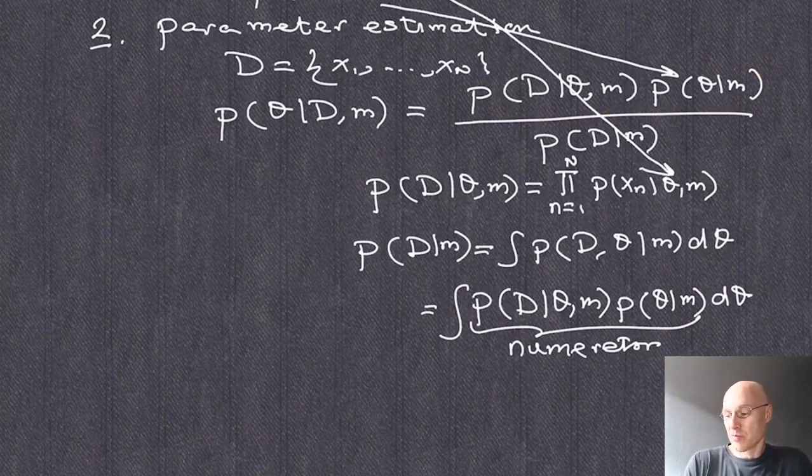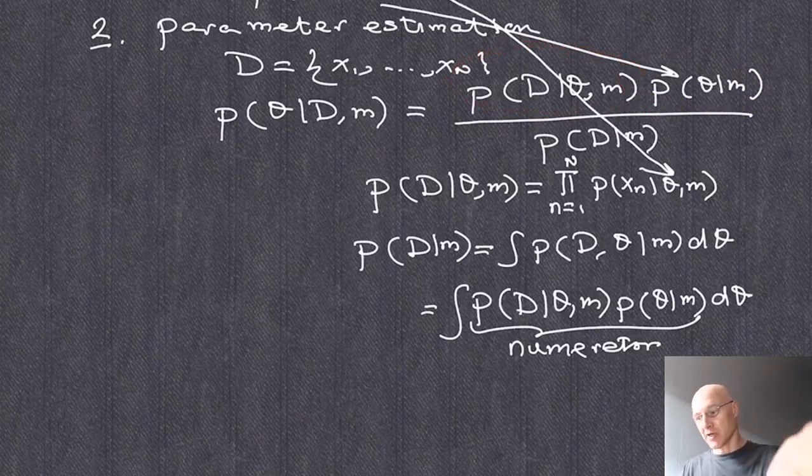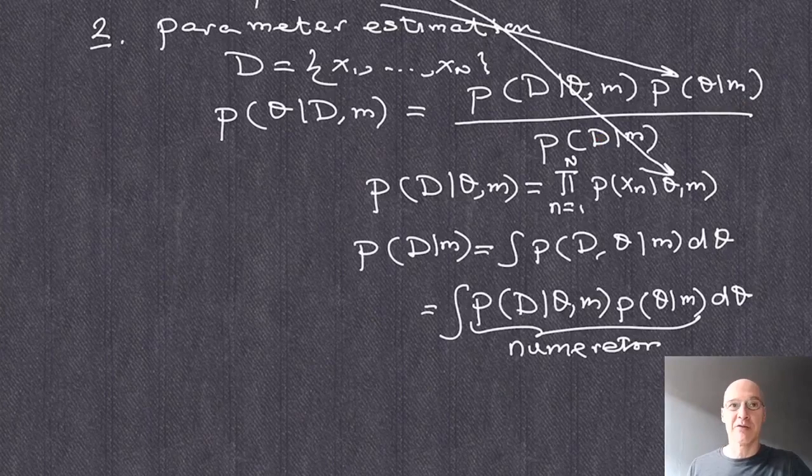So we can compute Bayes' rule, because this guy, the prior, we got from our model specification. The likelihood we got from our model specification. We plug in all the data, and once we have the numerator, we can also compute the denominator by integrating out the parameters, by marginalization over the parameters.